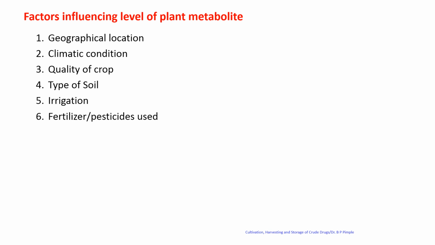Then fertilizers and pesticides used should be of optimum quality. It is not that more fertilizer will produce more good quality of crop. No, because sometimes the micronutrients are to be in sufficient quantity. Micronutrients, for example, like magnesium, manganese, cobalt, iron.